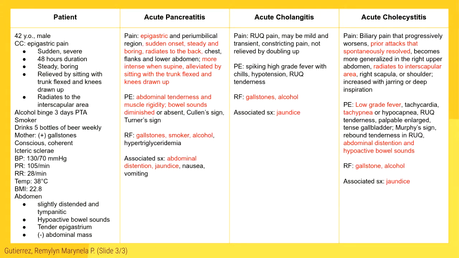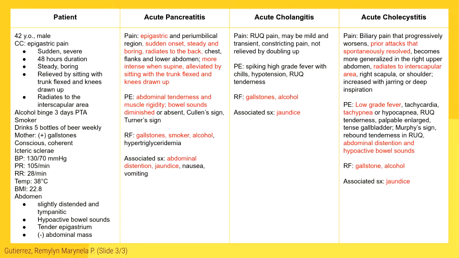My question is, why will you consider as a support for your diagnosis of acute cholecystitis the presence of biliary colic? What is the relationship of stone and cholecystitis? The most common cause of cholecystitis is stone po, Doc. Okay, so that should be the context of your understanding. So the presence of biliary colic tells you that more likely there's a stone, and the most common cause of cholecystitis is the presence of stones. Okay? Yes po, Doc.